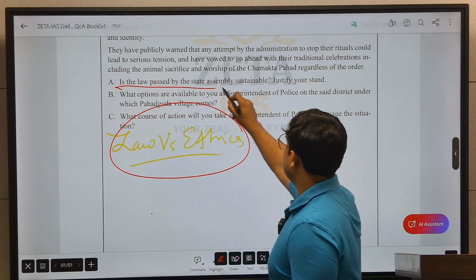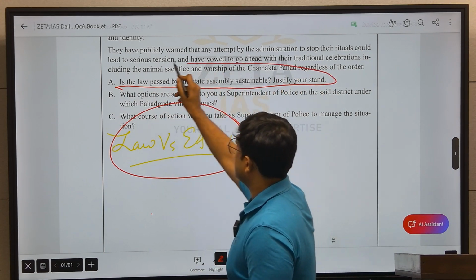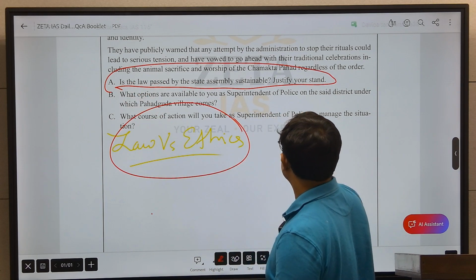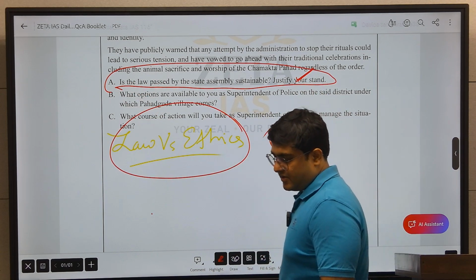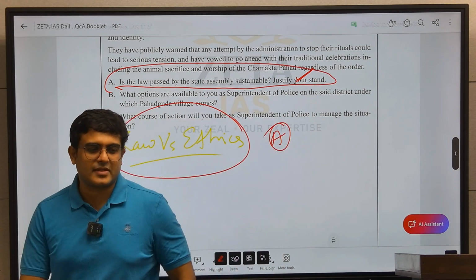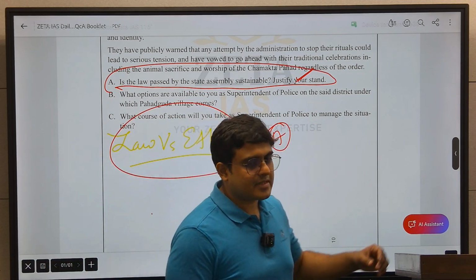Is the law passed by the state legislature assembly sustainable, and justify your stand. So tell whether the law passed by the state assembly is sustainable or not.